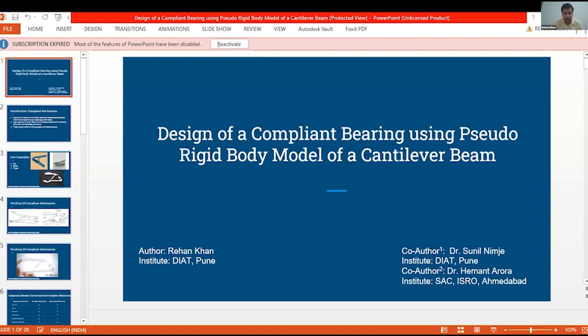We'll see in the next slide the parameters that are used to convert this particular cantilever beam into its pseudo rigid body model.